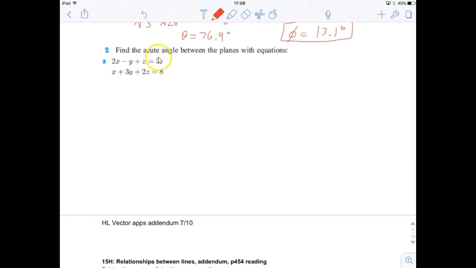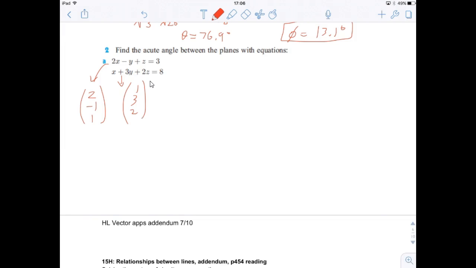Find the acute angle between the planes with equations this one and this one. First thing we're going to do is find the normal vector for this one, which is 2, -1, 1. And then the normal vector for this one, which is 1, 3, 2.